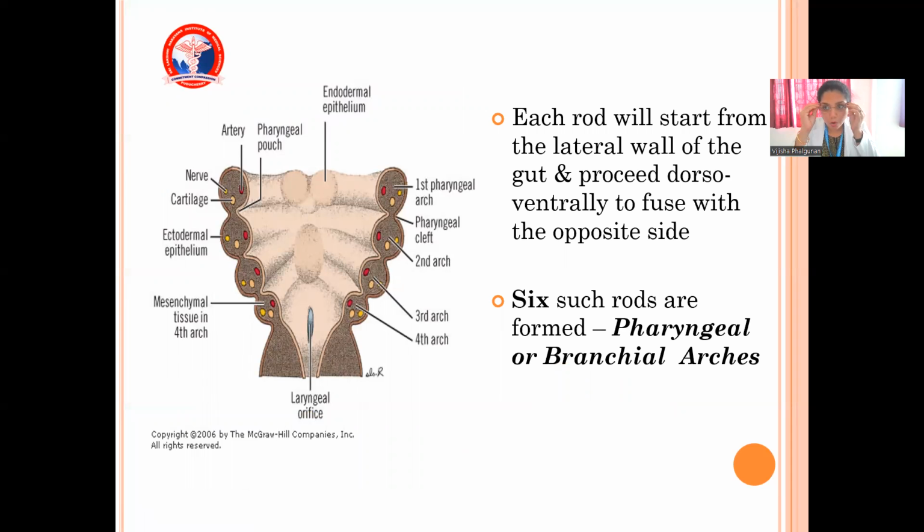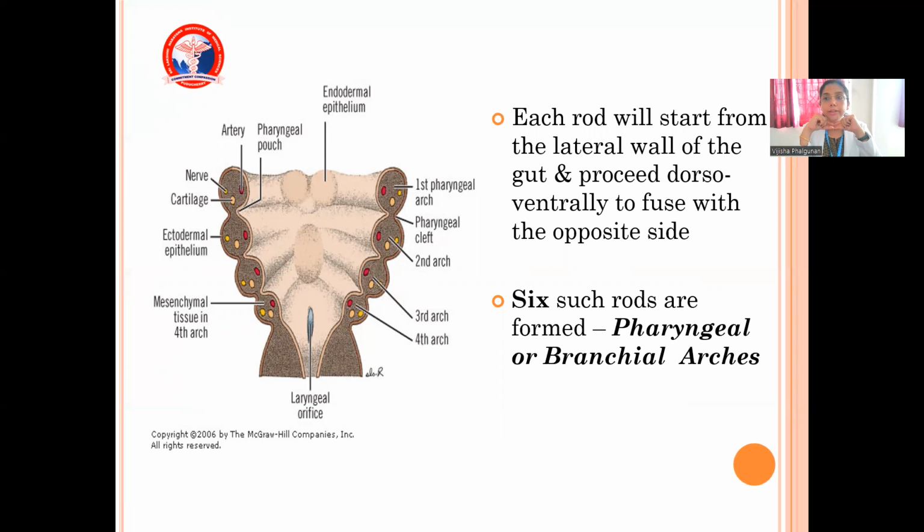Each rod will start from the lateral wall of the gut and proceed dorsoventrally to fuse with the opposite side. So it's not like the arches are displayed only on the ventral aspect or only on the dorsal aspect. Any mesodermal thickening initially starts from either side of the throat, then fuses dorsally and ventrally.